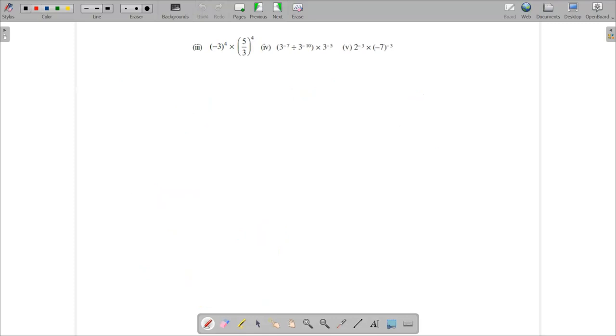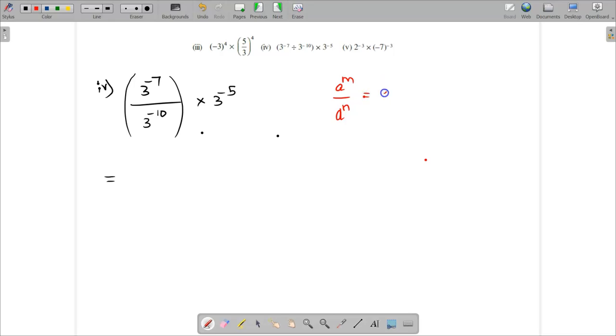Okay, so coming to the fourth problem: it is 3 power minus 7 divided by 3 power minus 10, and this whole term is multiplied by 3 power minus 5. So again we have the law of exponents: a power m divided by a power n is nothing but a power m minus n.